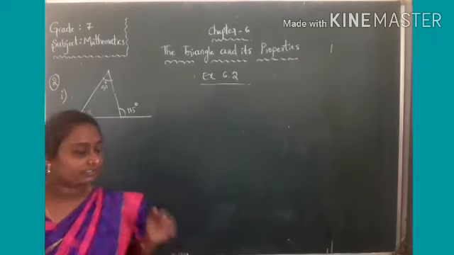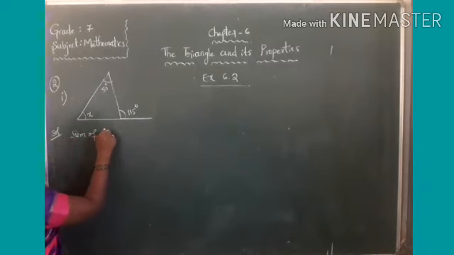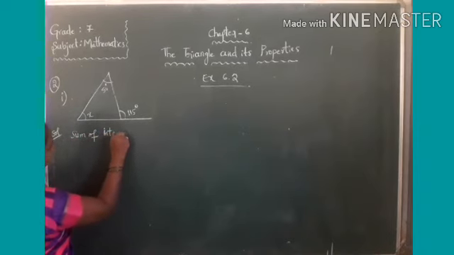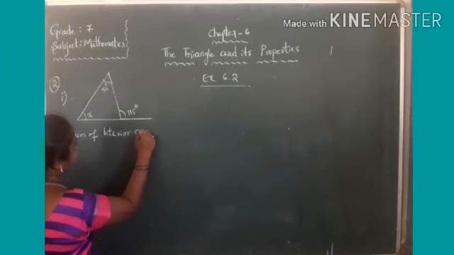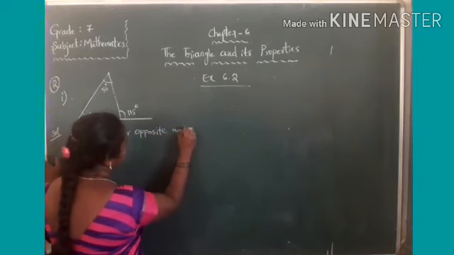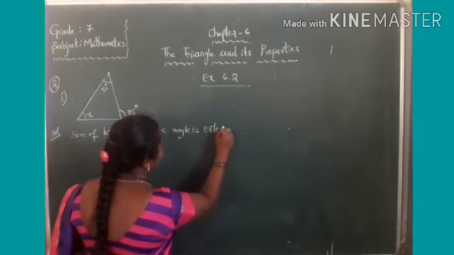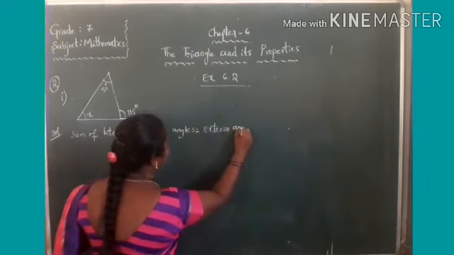Okay. Right. So you know that the sum of interior opposite angles is equal to the exterior angle.